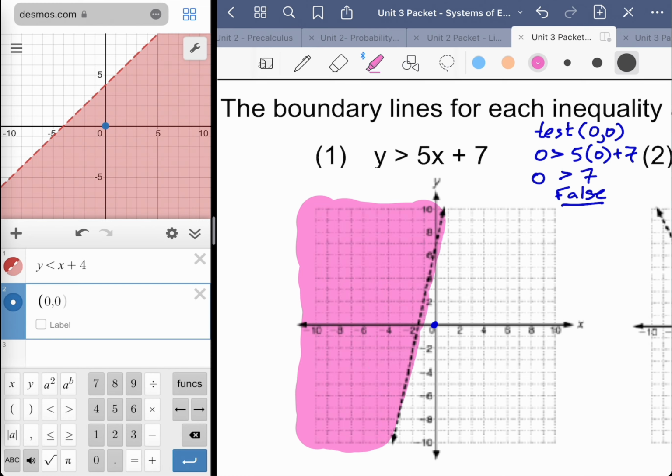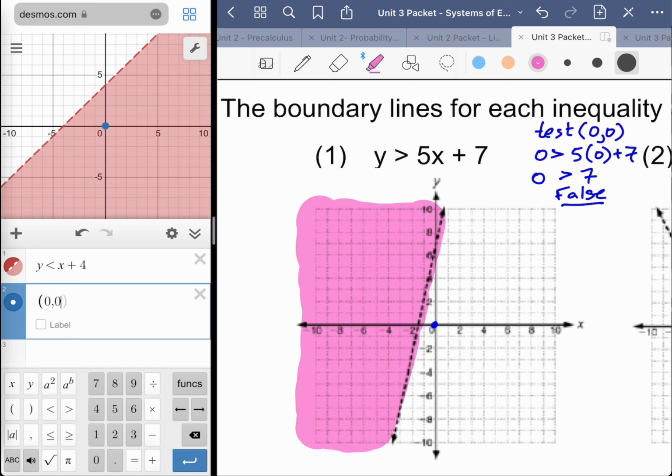So I'd shade the other way. If my two choices are to shade to the left of that diagonal dashed line or shade to the right, and 0, 0 I know shouldn't be in my shaded area, then logic dictates that the shading has to be the other way.